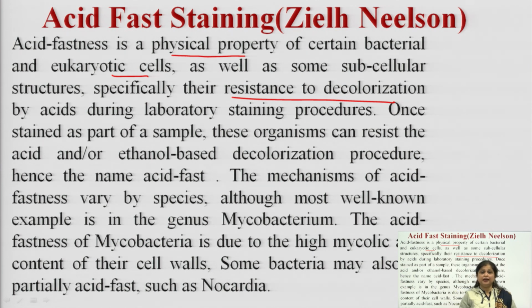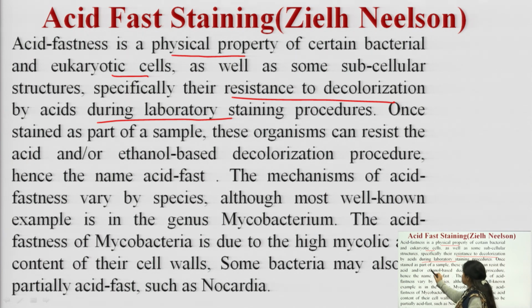They will not get decolorized when we wash them with acidic alcohol. The primary stain will not get removed from the cells of acid fast microorganisms, because acid will have no effect on the cells which have absorbed the primary stain. That means they resist decolorization by acid during the laboratory staining procedure.